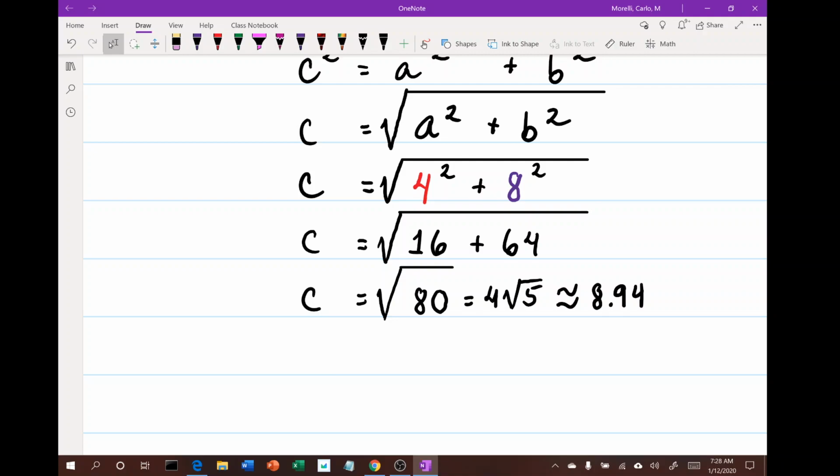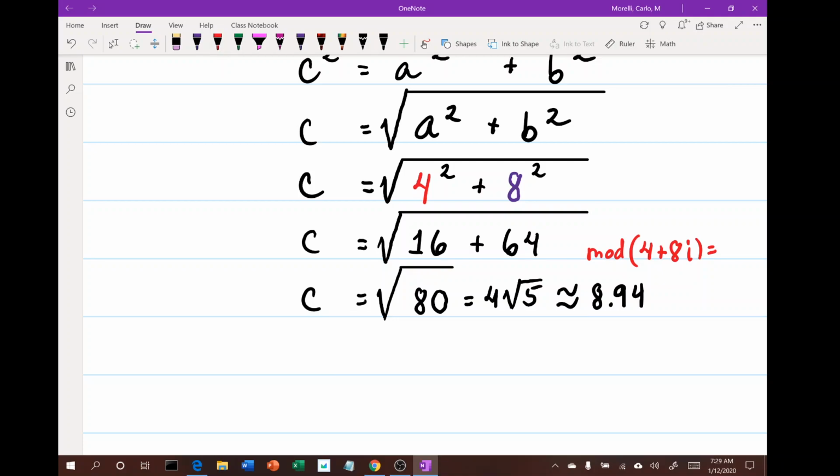So I put square root 80 in the calculator, and I rounded to the hundredths place, and I got 8.94. So this is what mod of 4 plus 8i equals. It equals approximately 8.94, or exactly 4 square root 5, or exactly square root 80.